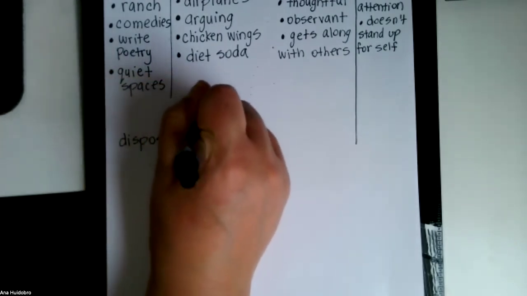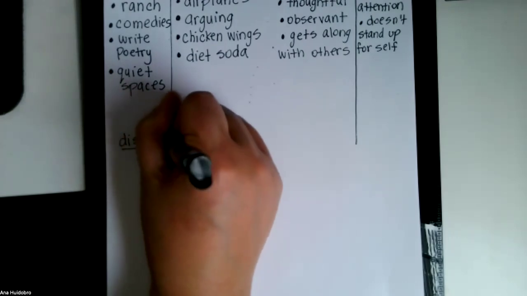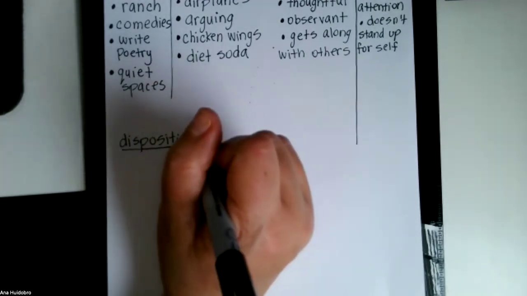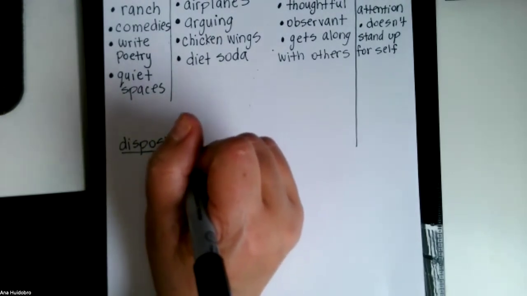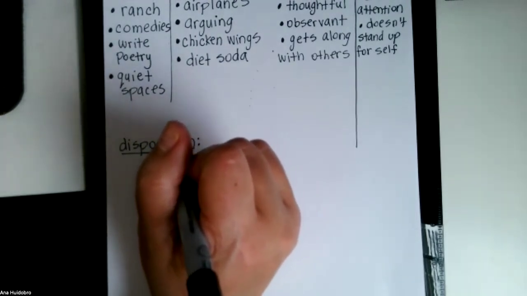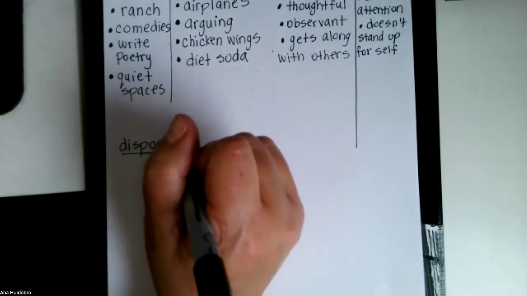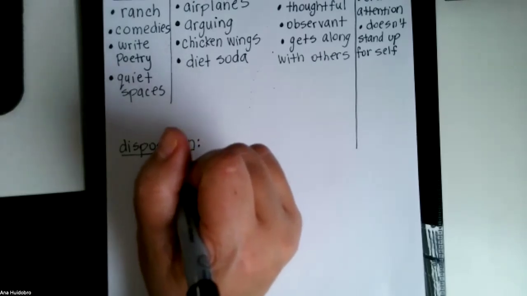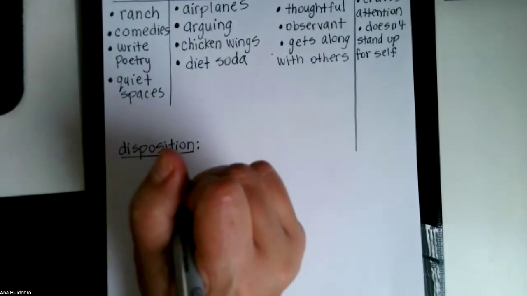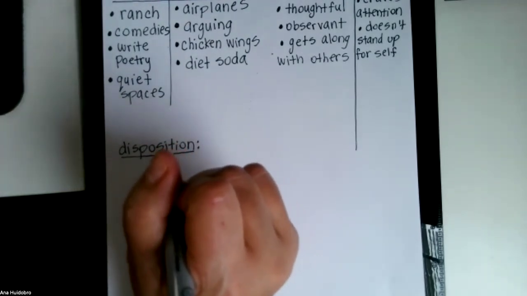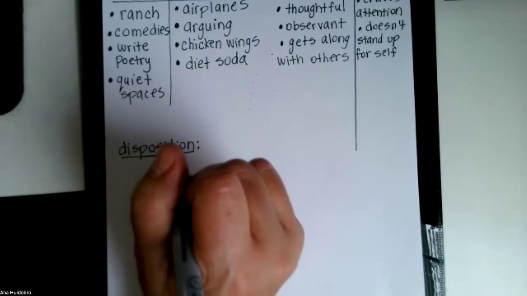Disposition. Another good word for that might be someone's energy, someone's countenance, it's just kind of like the baseline of their personality. So if you say, oh, that person is joyful or that person is pensive, it's how they are the majority of the time. It's how they carry themselves the majority of the time, right?